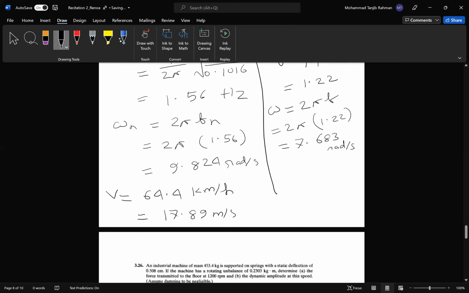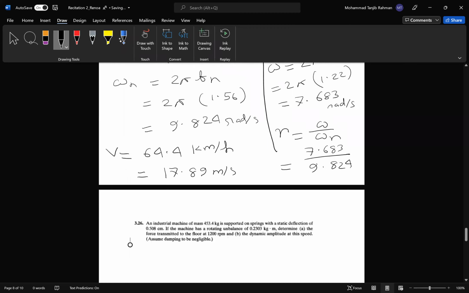So once we got this, we can find our R, which is omega by omega n, and that will be 7.683 divided by 9.824.